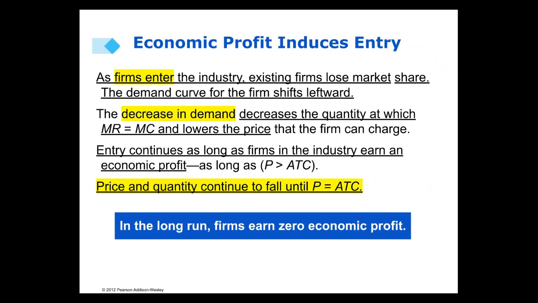Firms keep on entering until the prices go down and firms are no longer making an economic profit. And when there's no economic profit, then firms will stop entering the market, and you'll be at a new equilibrium. But in the long run, firms earn no economic profit.